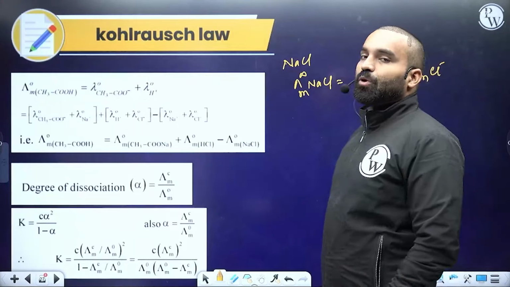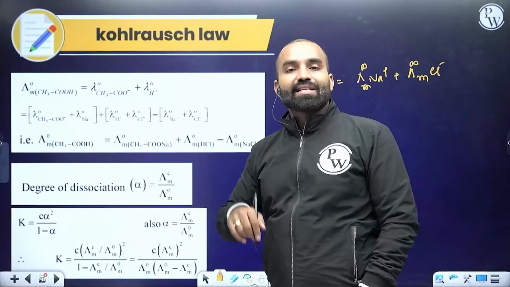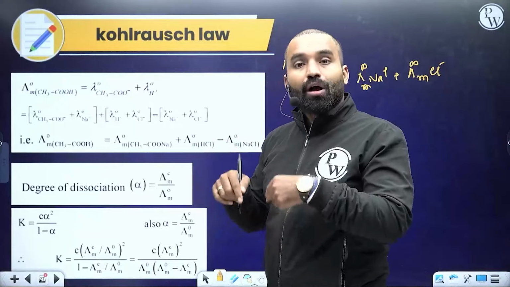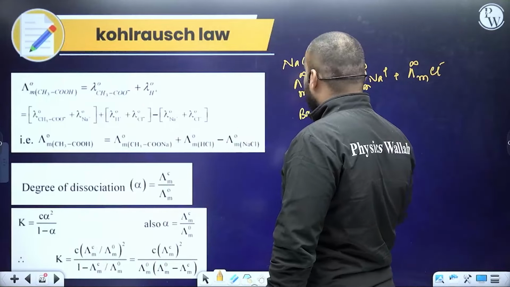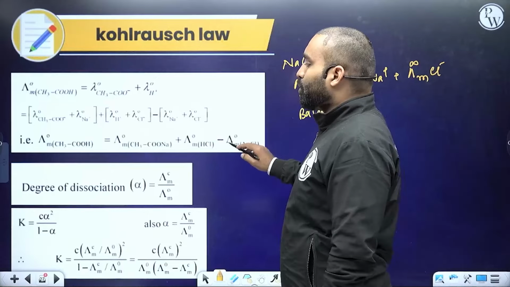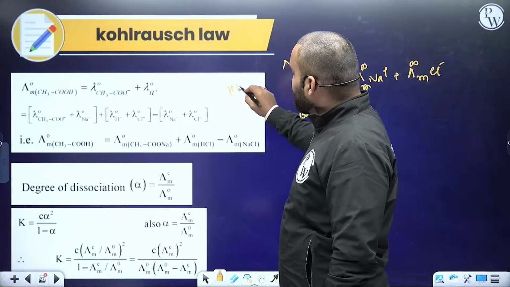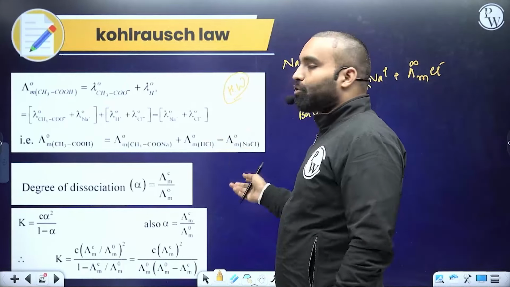Now it depends upon how many cations and anions are present. Suppose I have barium chloride, BaCl2. I am giving you this for homework. You need to practice and figure it out.